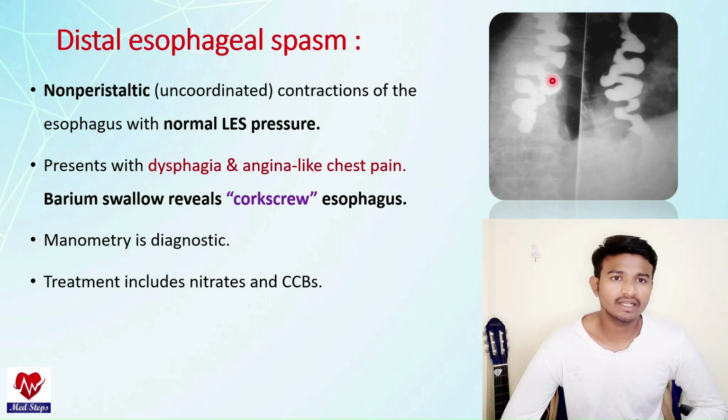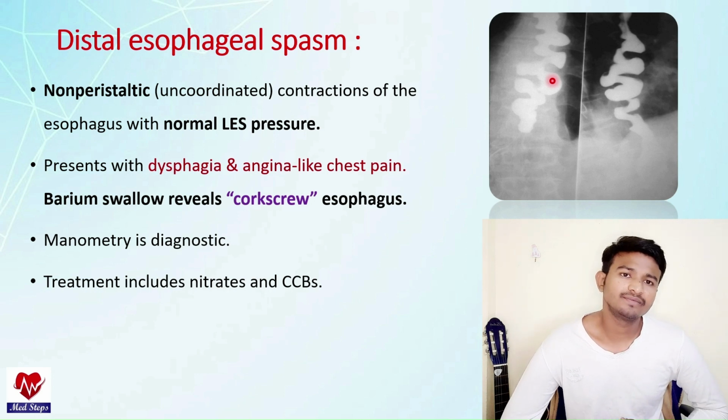In that catheter, they have some sensitive parts. When that catheter passes to the distal esophagus, those sensitive parts will observe how much the lower esophageal sphincter is closing, how much pressure and movements, we can see in that manometry.